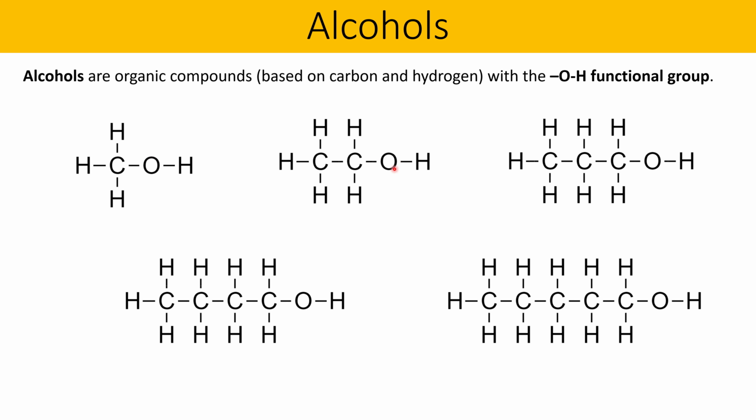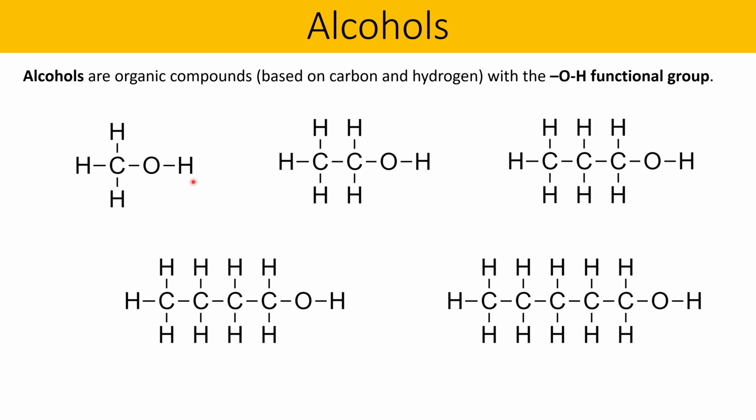What we're looking at here is something called the homologous series of alcohols. They're all alcohols because they all contain the OH functional group. And homologous series means that their structures are all the same, but they simply differ by CH2. So here I've got methanol because it's got 1 carbon, and its formula is CH3OH.